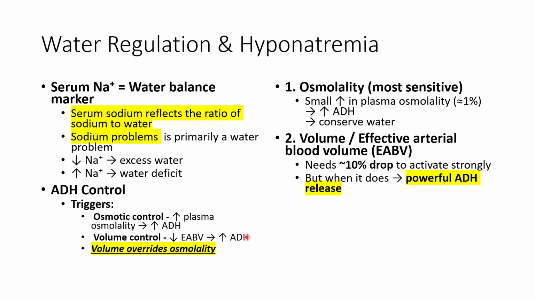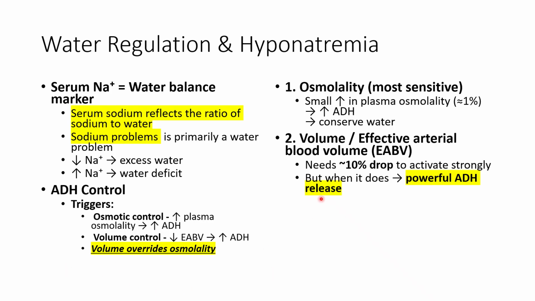Both of these will lead to increased ADH. ADH will prevent diuresis, that is, it will prevent water from being excreted into the urine. The urine excreted when there is ADH will be very concentrated and not dilute. You have to remember that volume overrides osmolality.